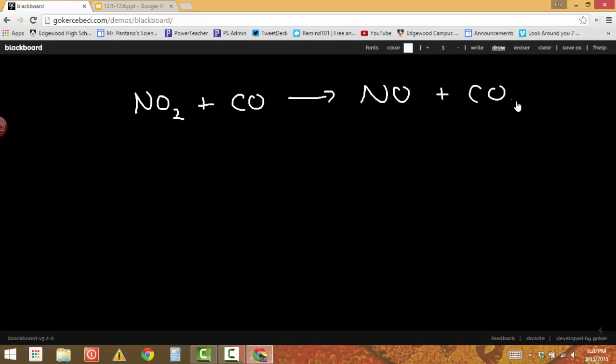So we're going to start with NO2 plus CO goes to NO plus CO2. These are all in the gas phase. The experimentally observed rate for this is k times the concentration of NO2 squared. So this is a second order reaction.